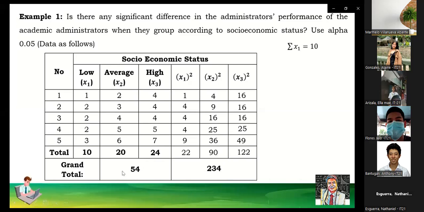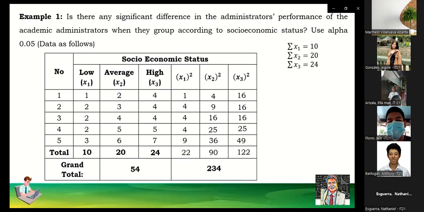These are the only ones needed. First is the sum of the first data, which is 10. The sum of the second data is 20. The sum of the third data is 24, and so on. Take note, these are groups, so it is possible that one group has more members, the second has fewer, and the third has more. It is okay for them to differ in number. Regardless of how many members each group has, as long as there are 3 or more groups.